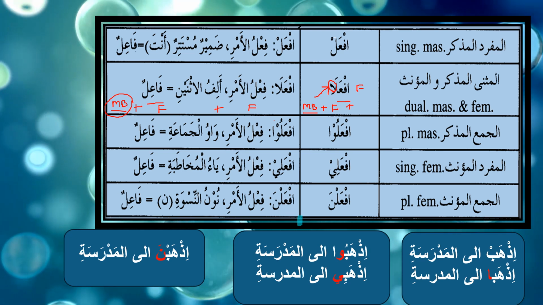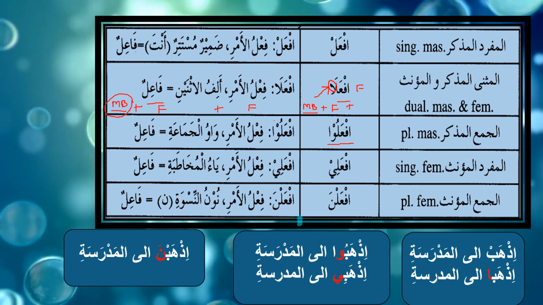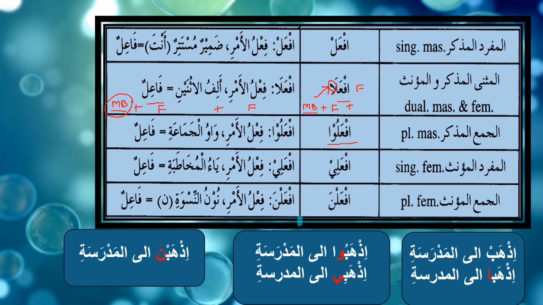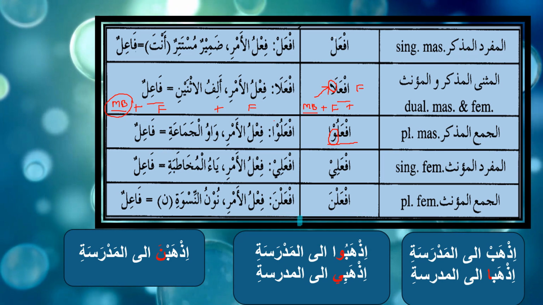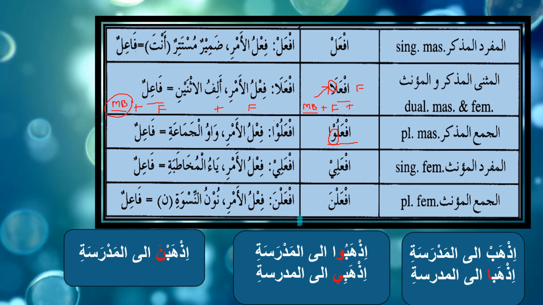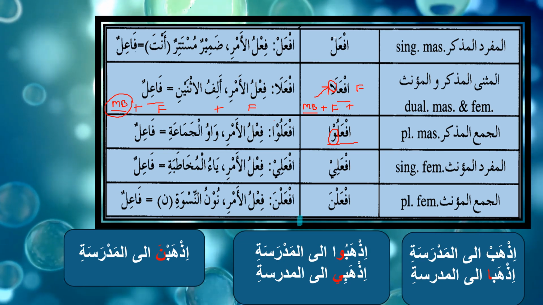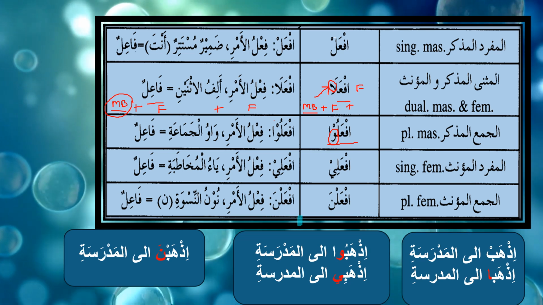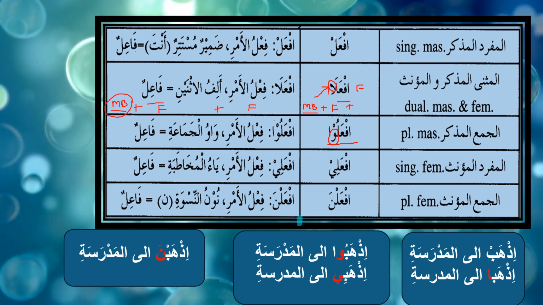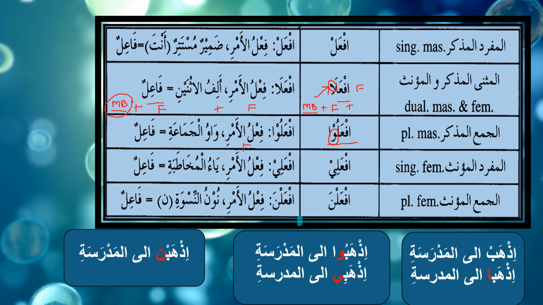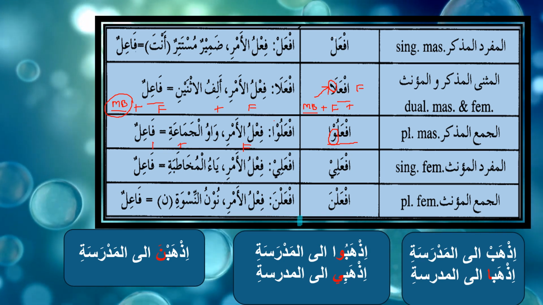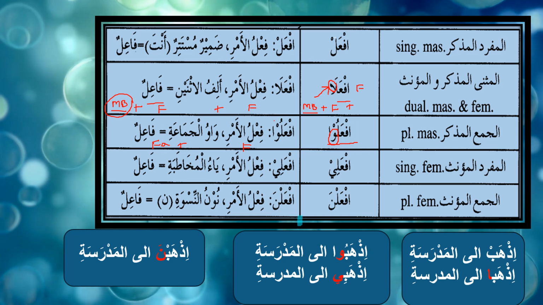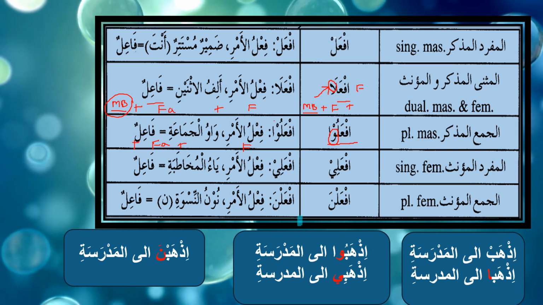Now when we come to see the command for the male plural, you will see the damir waw al jama. So after the fi'l, you have the damir waw al jama showing that the command is being given to the male plural. So in if'alu, we have fi'l amr, we have our fi'l, plus waw al jama, we have our fail, and then after the fail, look out for the maf'ul bihi.